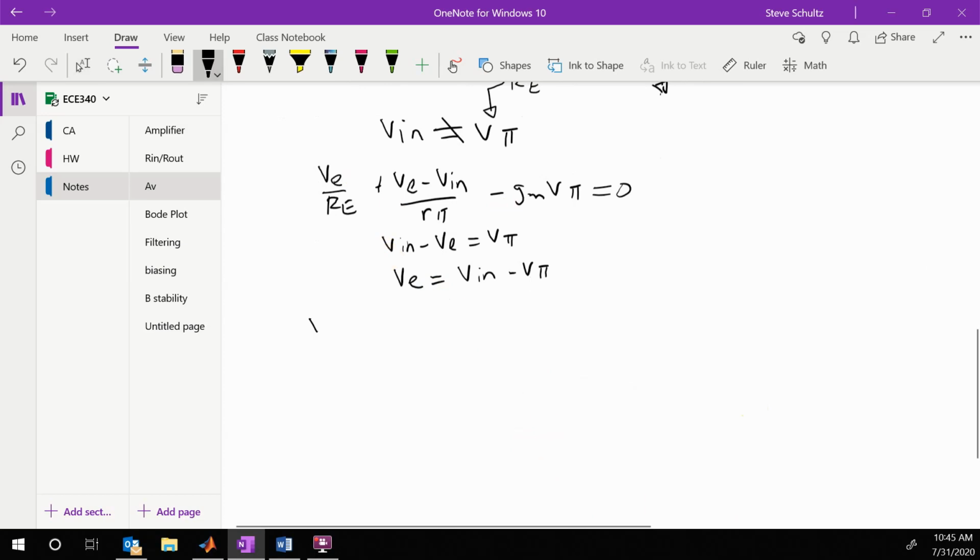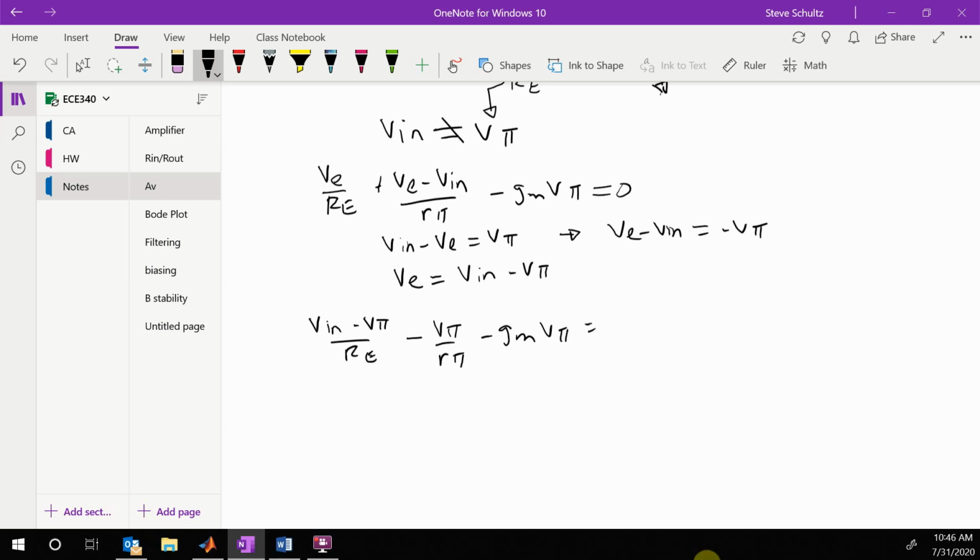So we have V in minus V pi over RE plus, you see that we rearrange this a little bit, and we get that V in minus VE minus V in equals minus V pi. So this is going to be minus V pi over R pi minus GMV pi equals 0.